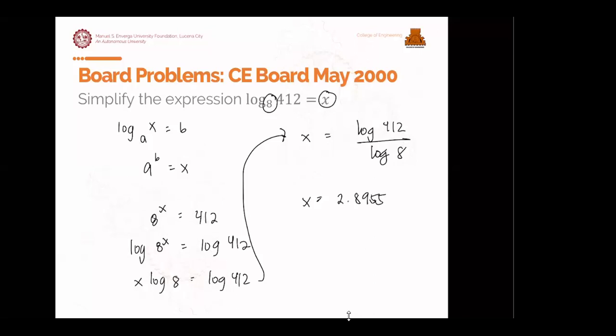Pero 2.90 is acceptable. Thank you. Ayan. So, yan po yung final answer natin for the value of x. Again, for checking, you can just raise yung 8 sa number na yun, dapat 412 yung lalabas. Okay? So, pag ni-raise natin, let's try. Ayan, 412 yung lalabas.